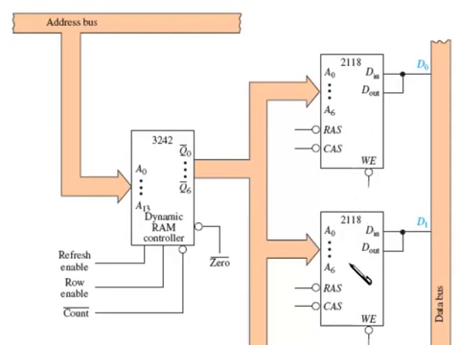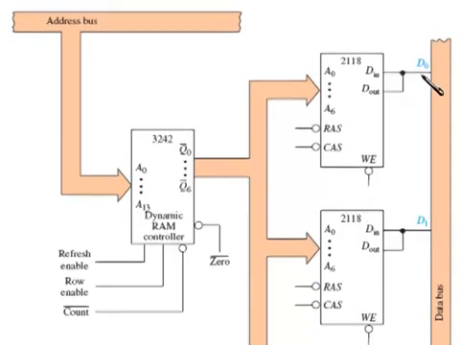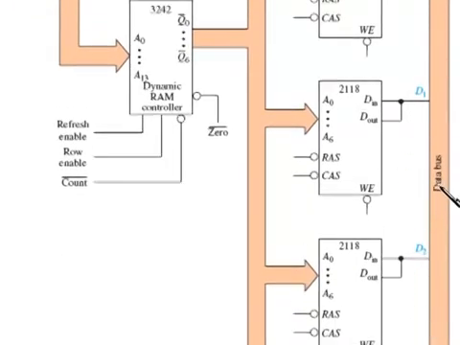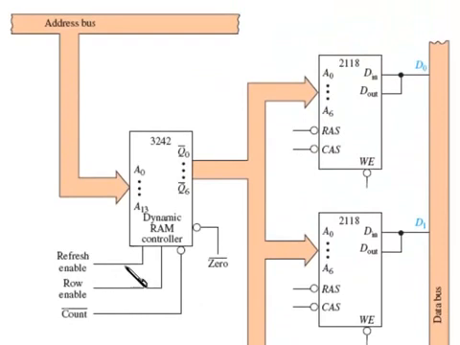We're going to line up 8 DRAM chips, one for D0, one for D1, D2, all the way up through D7, going out to the data bus. So again, the row enable takes the first 7 of these address lines and sends them out, and then when the row enable goes low, we're talking about columns, it takes the last 7 bits, A7 through A13, and sends those out. And this is also coordinated with the RAS and CAS signals, so the DRAM knows when it's looking at the low order rows versus the high order columns.